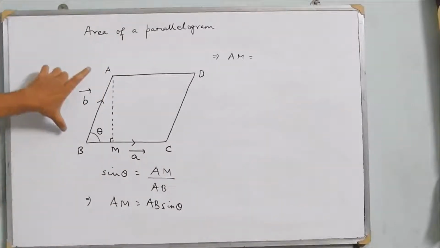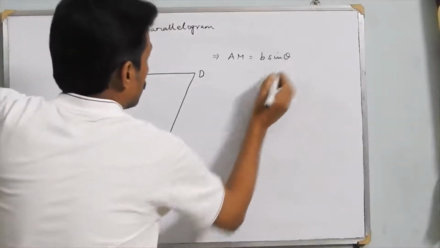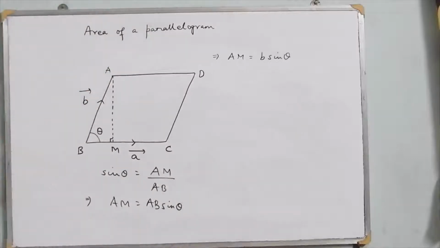AB is actually the magnitude of B vector, so we will write it as B sin theta. So we have represented the perpendicular as b sin theta.